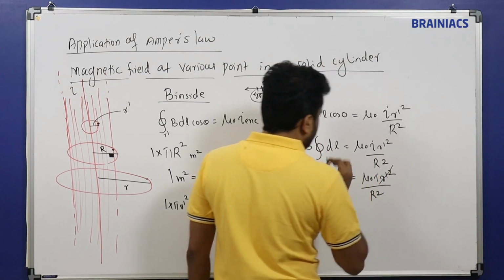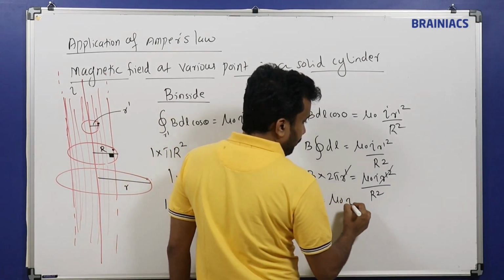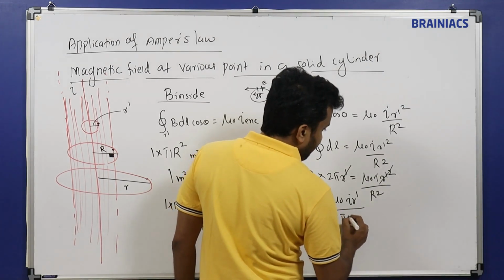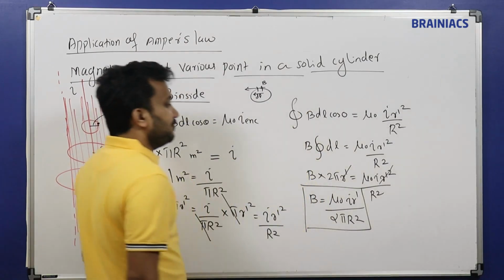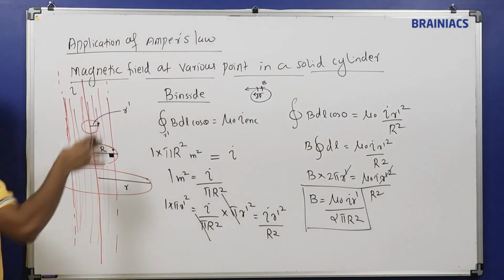The integral of dl for a circle is its circumference, 2 pi r dash. So B times 2 pi r dash equals mu 0 I r dash square by R square. The r dash and r dash cancel, so B equals mu 0 I r dash divided by 2 pi R square. This is the equation for magnetic field intensity inside the solid cylinder.